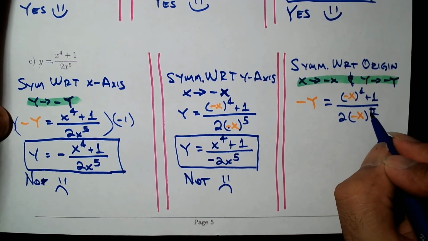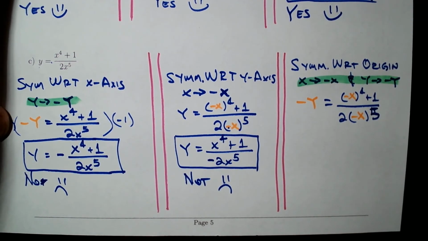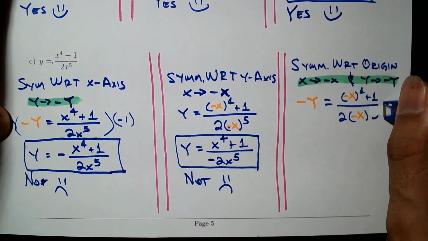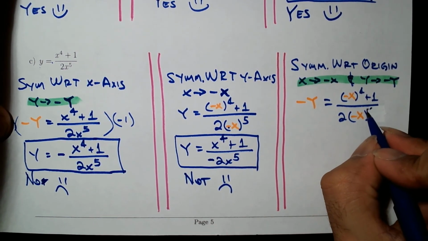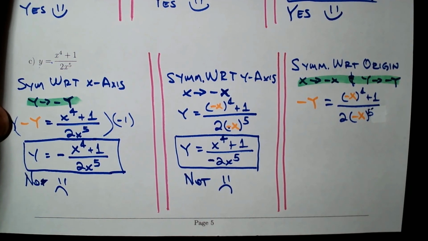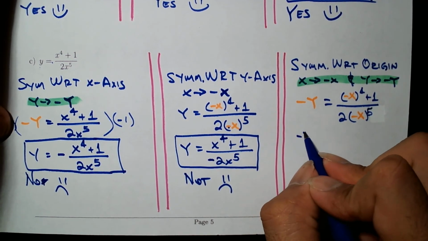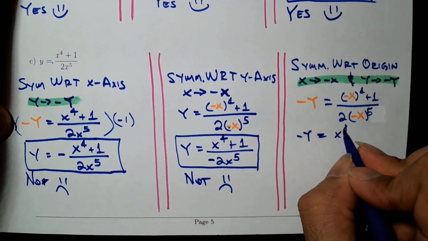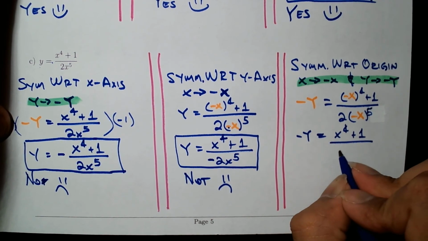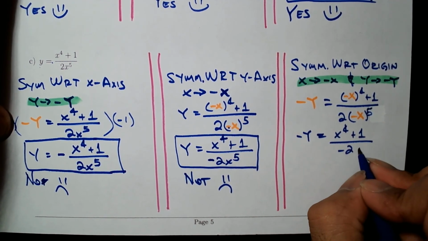This is to the 5th power. Let me clear this so it doesn't look messy. Okay, to the 5th power. Alright, so we're going to have negative y equals x to the 4th plus 1 over negative 2x to the 5th.